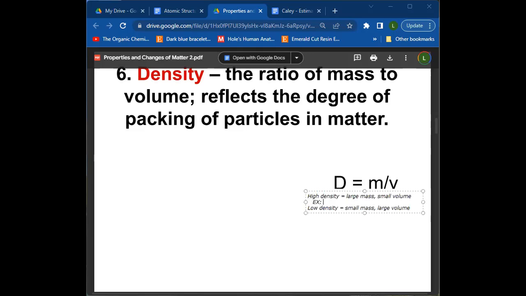An example of a substance with high density would be a metal. Because the particles in the metal are very heavy, but they're very tightly packed, and so they don't take up very much space.